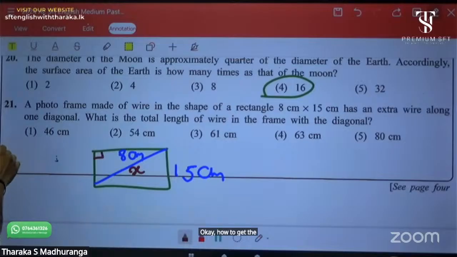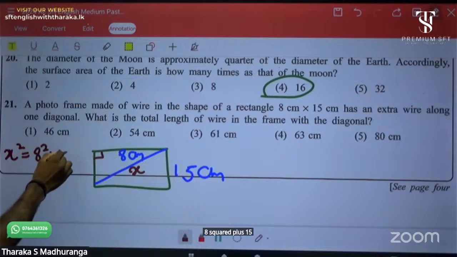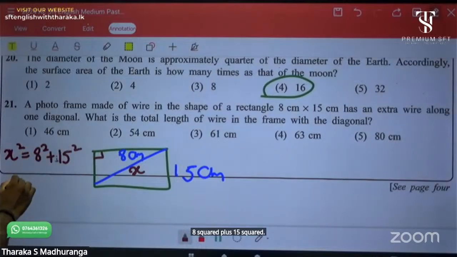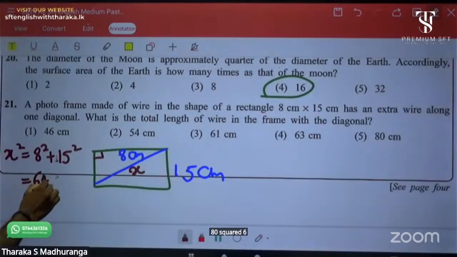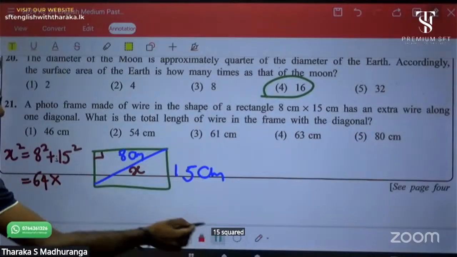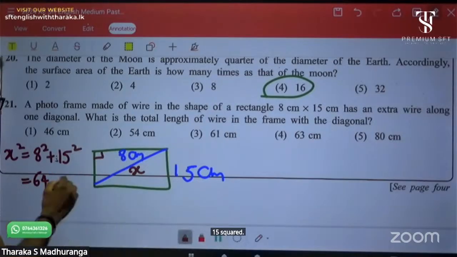Okay, how to get x? x squared equals 8 squared plus 15 squared. 8 squared is 64, 15 squared is 225.